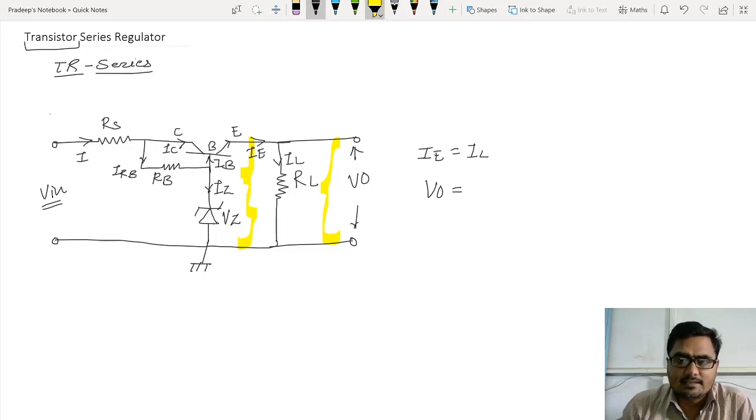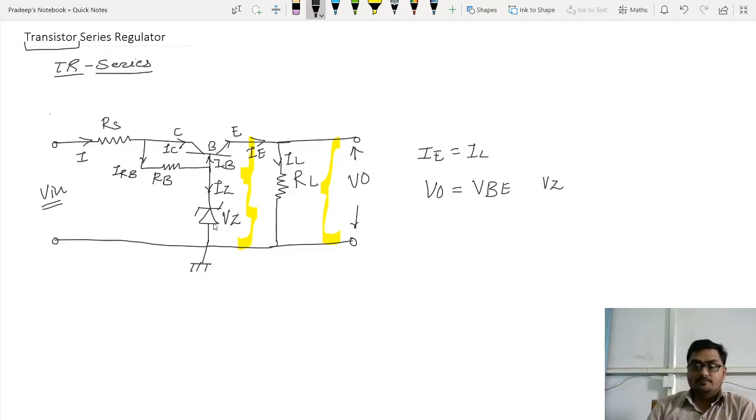Let me write the equation properly: it is the base to emitter voltage and the voltage across the Zener, is it not? I will write VBE and the voltage across the Zener diode. Two voltages are there.